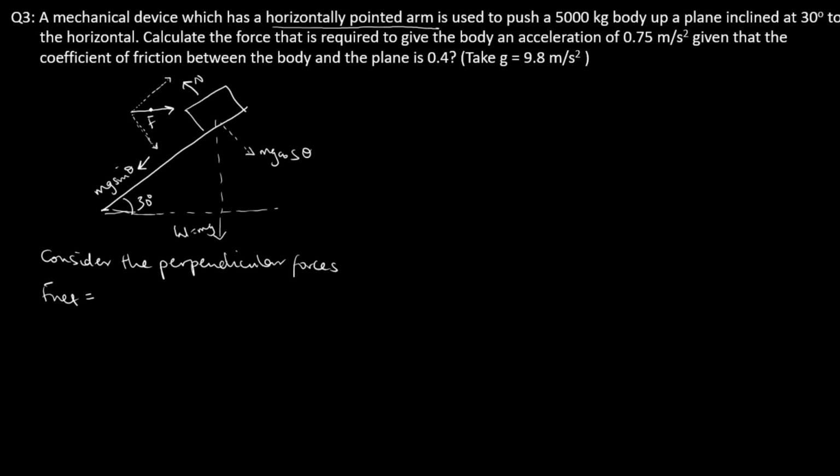Now we must also resolve something here, the applied force. The applied force acts horizontally. Like I said earlier, there's a component that is parallel to the plane and a component perpendicular, such that the angle here is 30 degrees. Let's just call it theta.